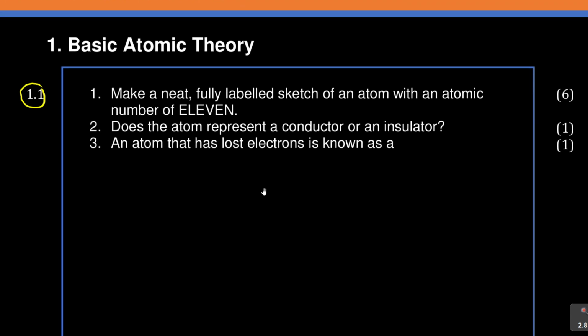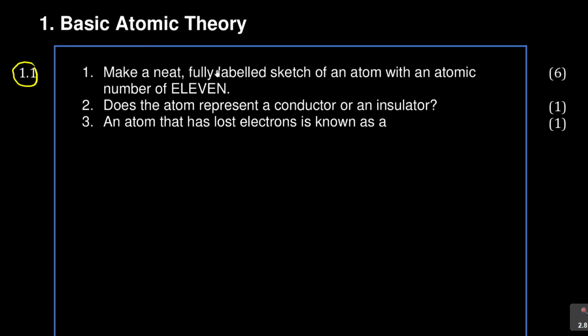So here they're saying you need to make a neat fully labeled sketch. Look at this. This is 6 marks, and for you to make a sketch, what you need to know is the atomic number here is 11, remember? So now it means you are going to draw, let me make it a little bit bigger.